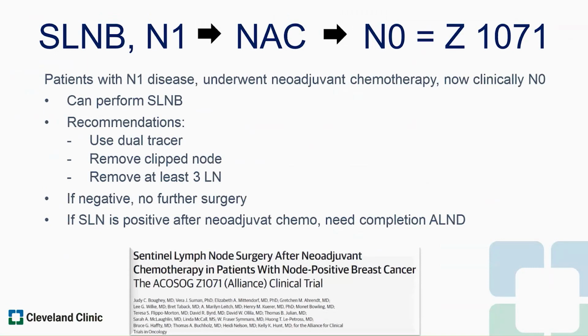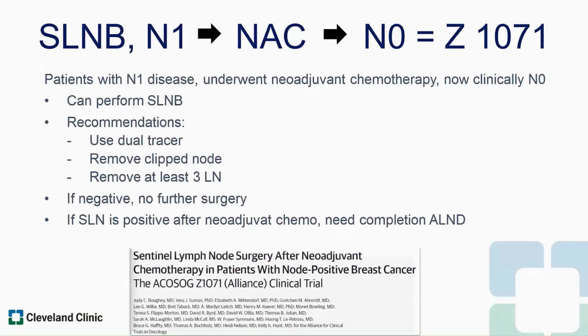What this study says is that if they're N1 turned clinical N0 after neoadjuvant chemotherapy, you use dual tracer as I discussed before. You're going to remove any lymph node that has a clip in it that confirmed biopsy-proven lymph node mets, and remove at least 3 sentinel lymph nodes.